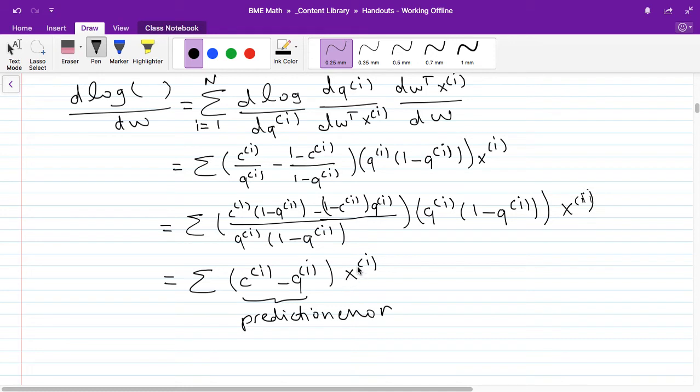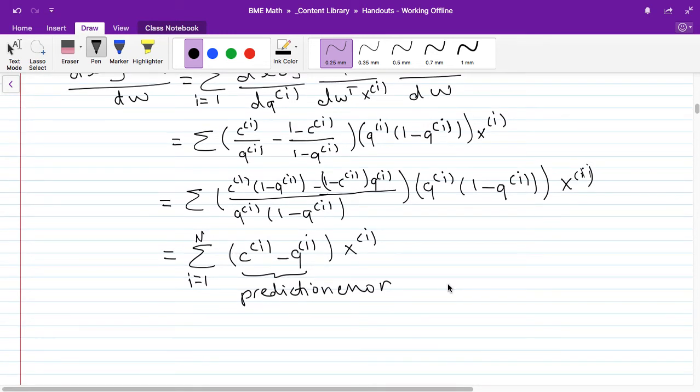So xi is a vector, right? That's the feature space. So the derivative of the likelihood with respect to the vector w is the sum of the errors over all the data points times the inputs over all data points.